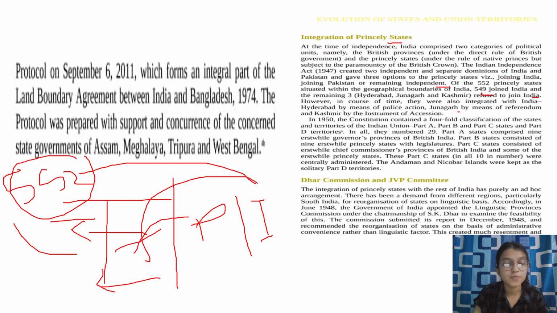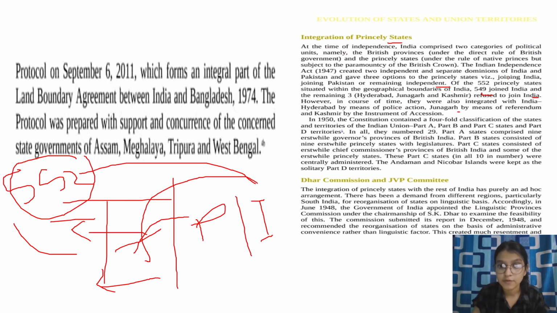So at first, these three princely states were not agreeing to enter into the domain of India. But after some time, due to accession, referendum, and police action, they also entered into the area of India.